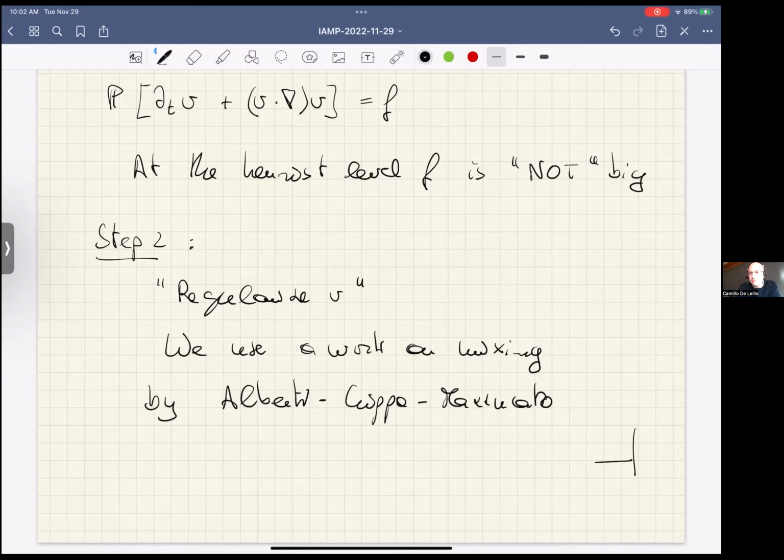And then I try to show that the advection diffusion equation still behaves reasonably. So yes, F is awfully explicit.